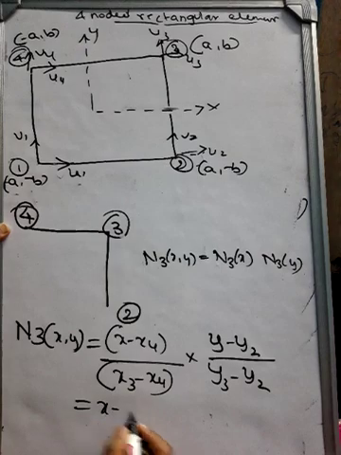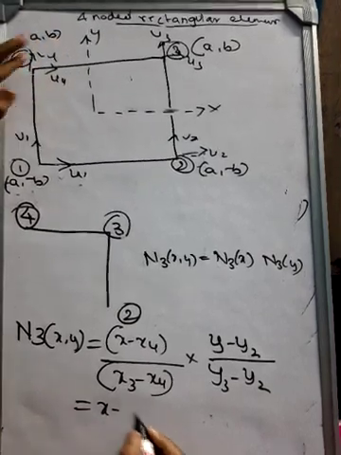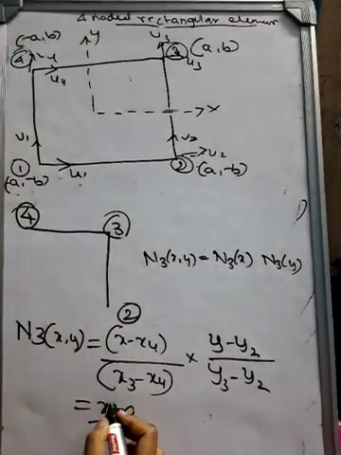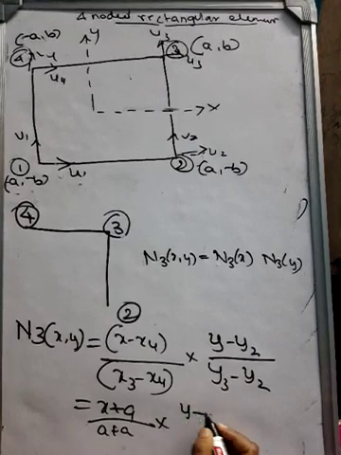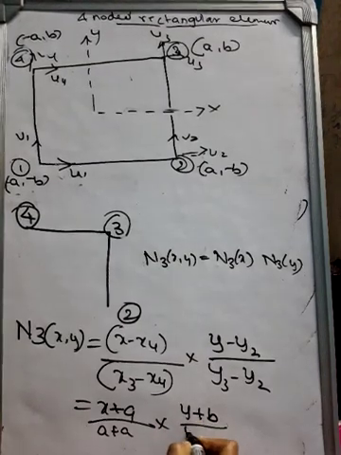So x minus x4 value is, since x4 is minus a, x plus a, and y plus b, because y2 value is minus b.